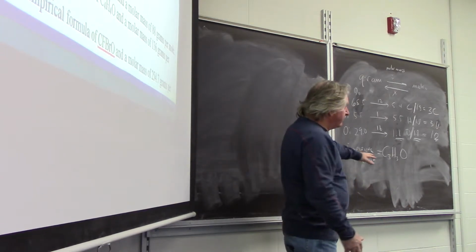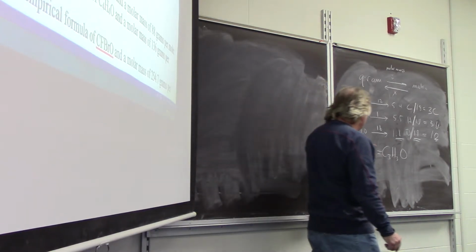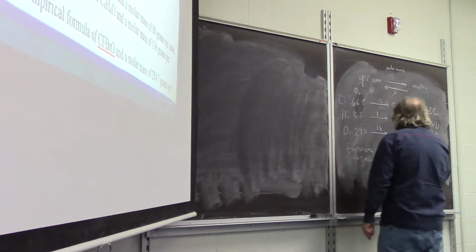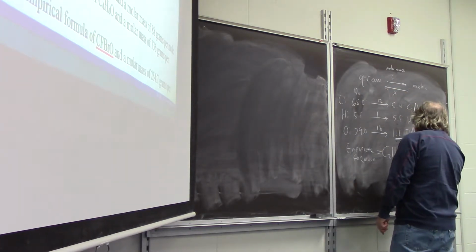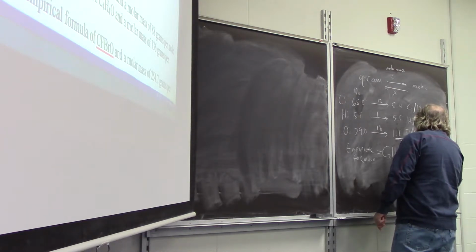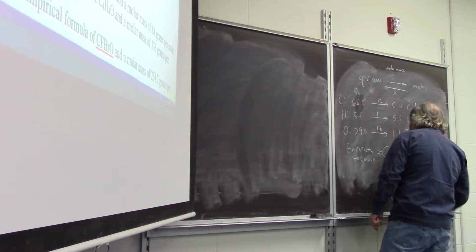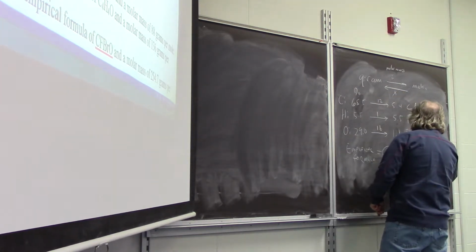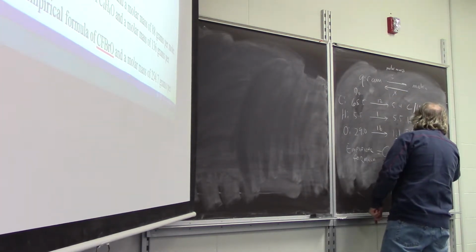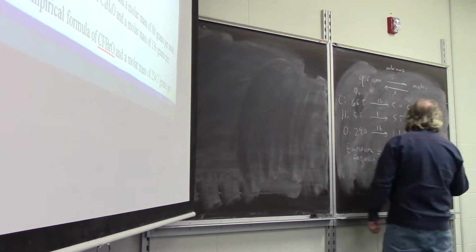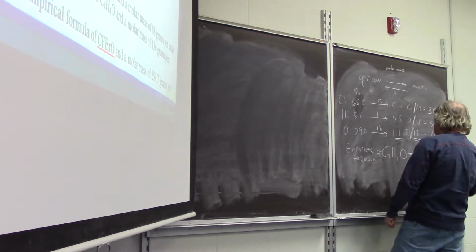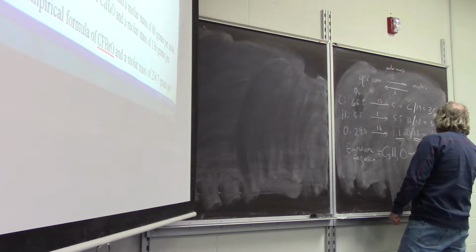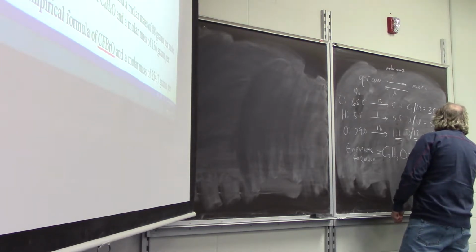The ratio of the masses will tell you what you need to do with the empirical formula. So the empirical mass is going to be 3 times 12, 36, plus 3, plus 16, which is 55 grams.